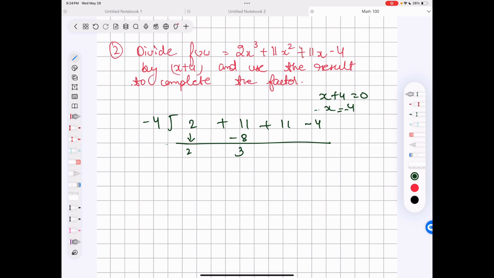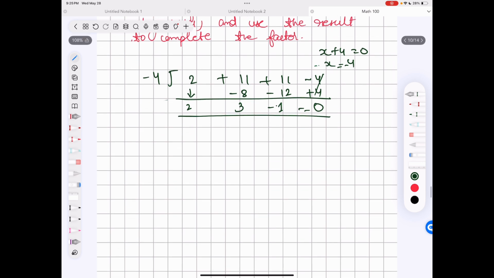If I multiply 3 by negative 4, it would give me negative 12. So if I add that up it would give me negative 1, and then negative 1 times negative 4 would give me positive 4. So they're going to cancel out, and the remainder is equal to 0.